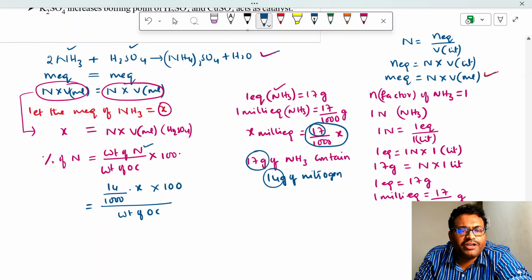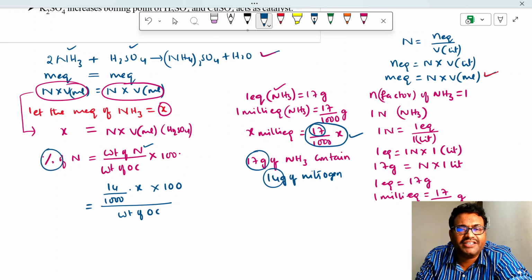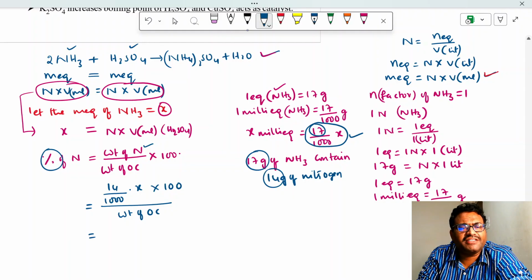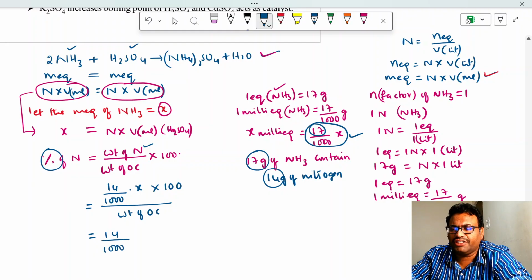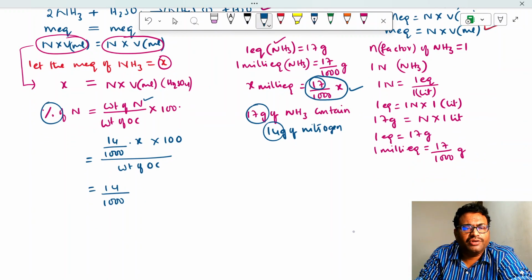Why did we write 14 by 1000 into X? This is weight of whom? Ammonia. But in that 17 grams of ammonia, only 14 grams of nitrogen is present. We are calculating the percentage of nitrogen, right? So X can be written as 14 by 1000 into X.